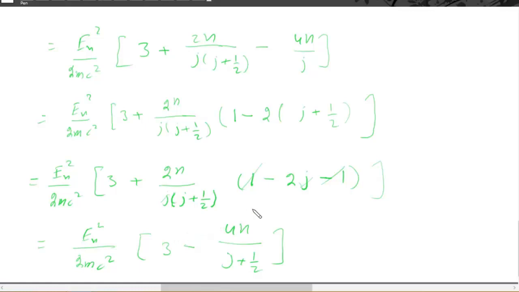Now we can add this total fine structure correction to the Bohr energy. Then the total energy of the hydrogen atom: we can first write that the total fine structure is added to the Bohr energy. This is the Bohr energy, we can represent it this way.